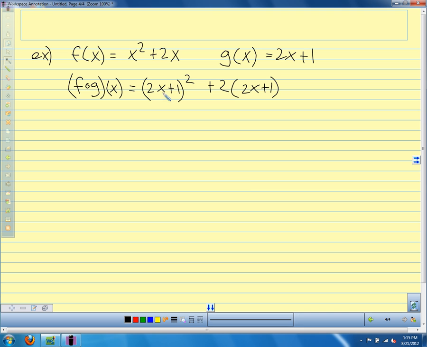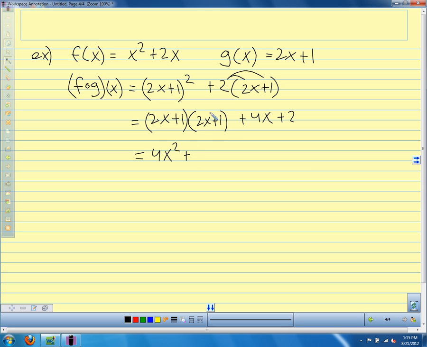In order to square this, I'm going to FOIL. I'll rewrite this really quick so we know what we're talking about. So this is 2x plus 1 squared, to remind us that we need to FOIL, and here I'm going to distribute. When I FOIL this, I get 4x squared from the first.